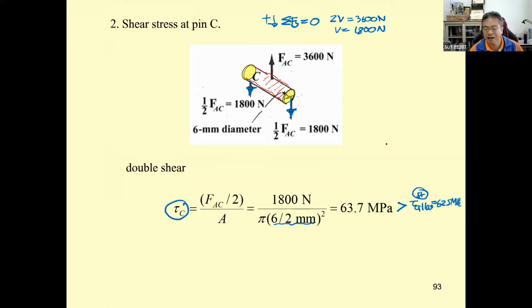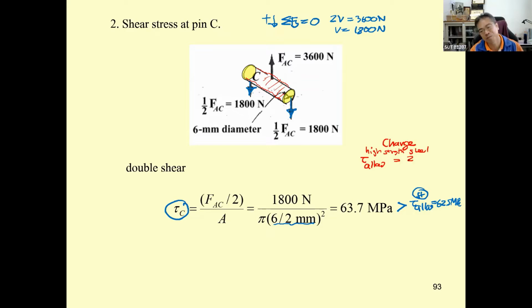You may change the material into the tau allowable of the high strength steel.